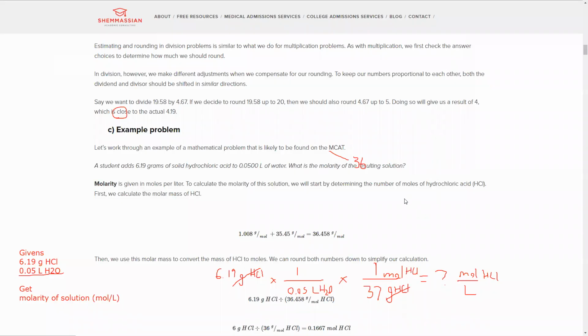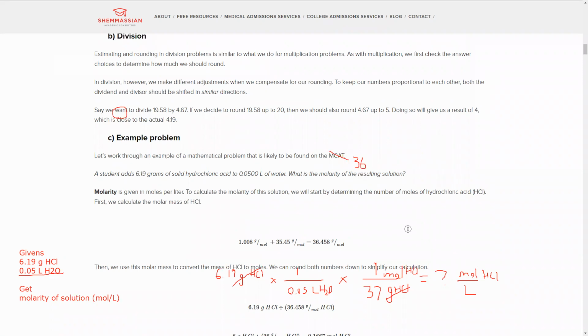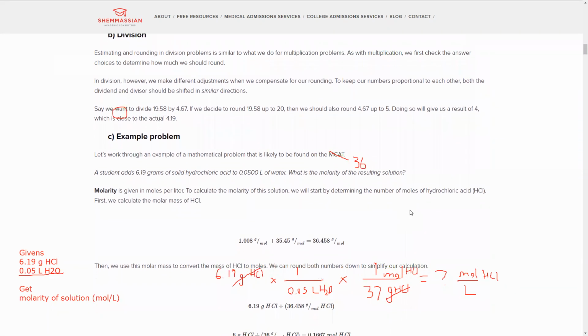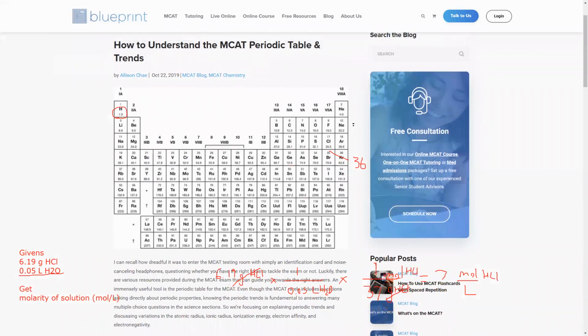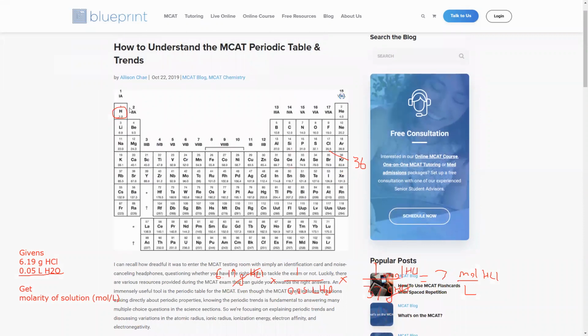Okay, so we said that the HCl is about, in the periodic table, we have 35.5, right? And then 1, so 36.5, right?